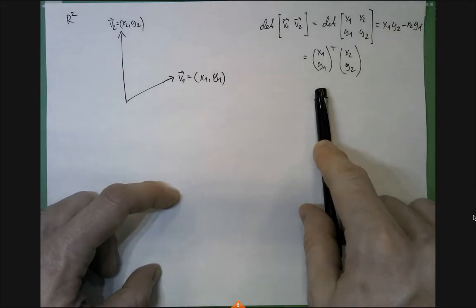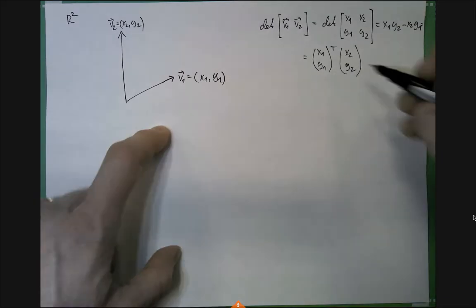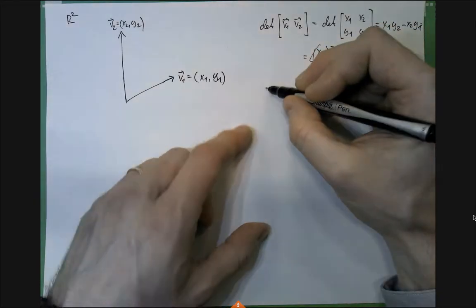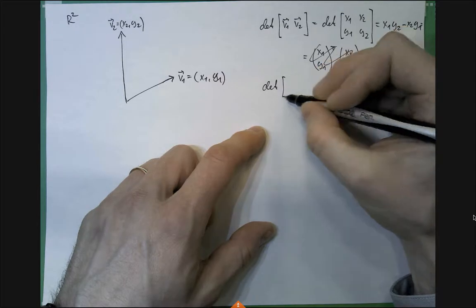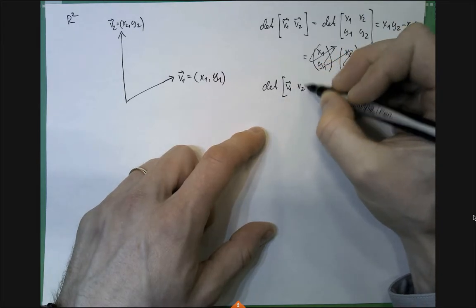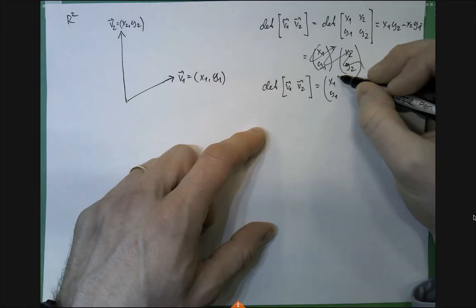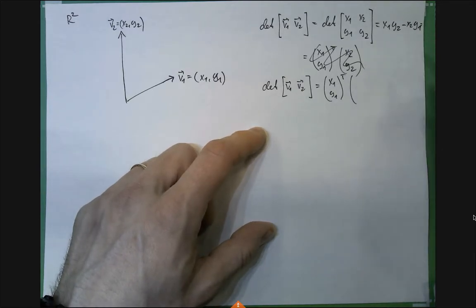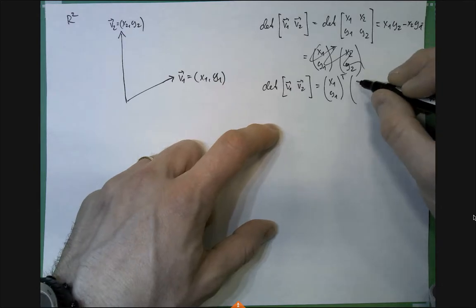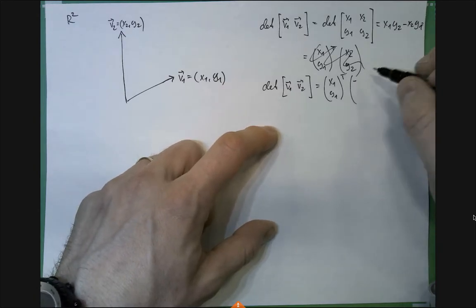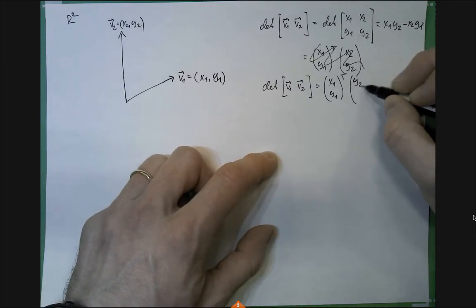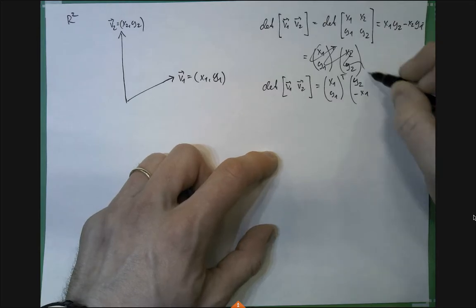Except that this is not true. Let me do this again nicely. This is my v1 and v2. This is x1, y1, transpose, and here I will have y2 and minus x1.